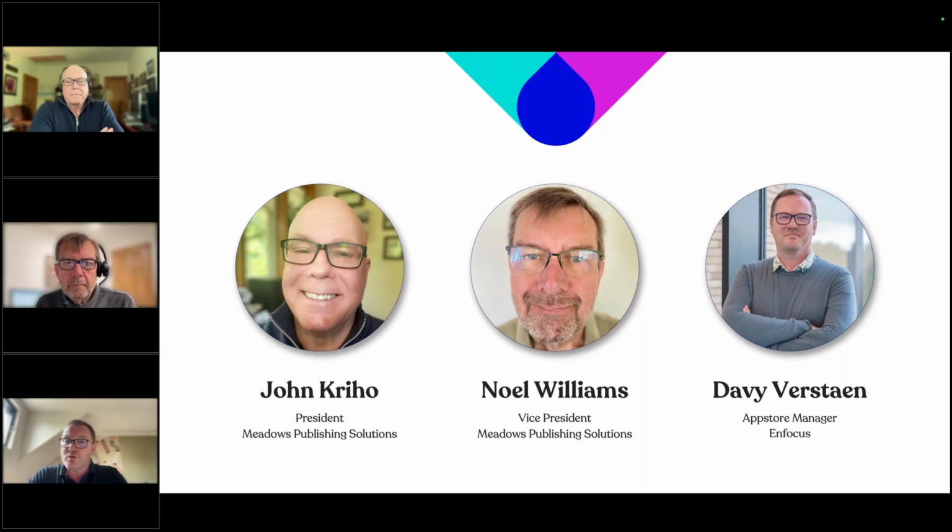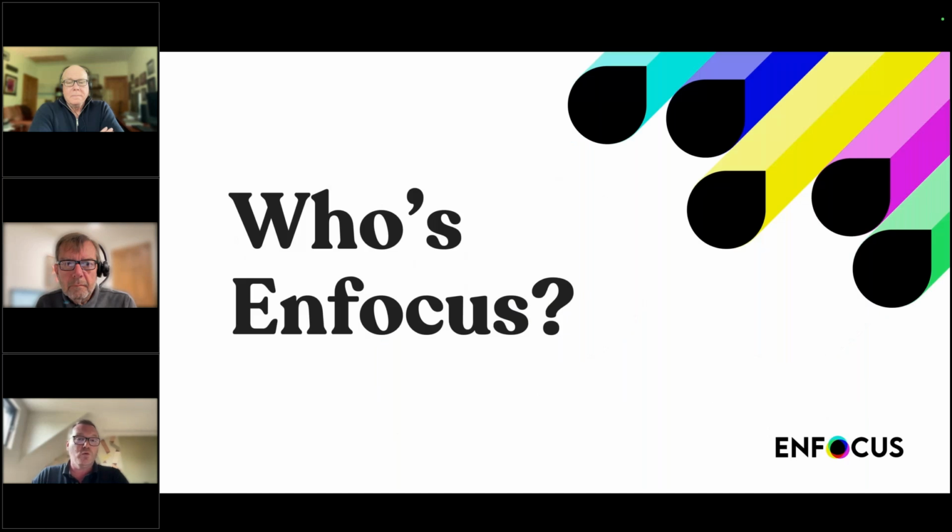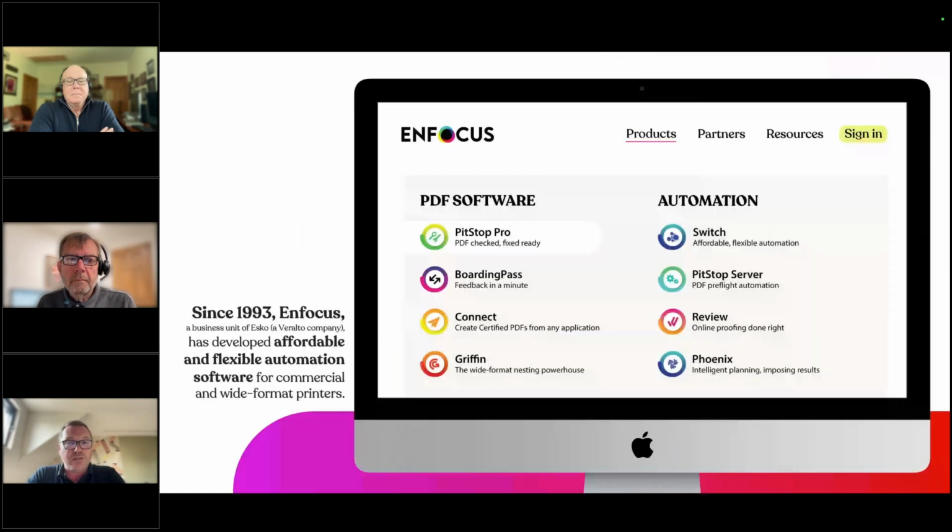Now, first of all, who's Enfocus? For people that do not know who Enfocus is, we started in 1993, already a couple of years ago, with our flagship product, Pitstop Pro at that time. It is a business unit of Esko, so we are part of that Esko family as well.